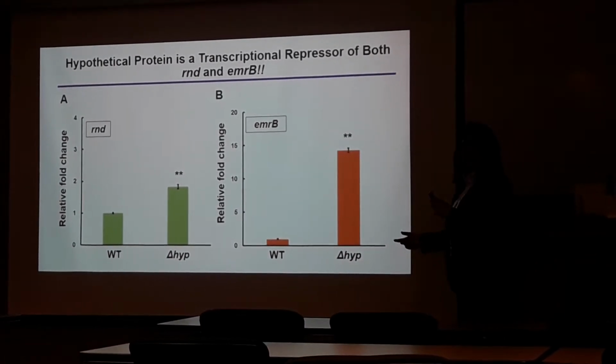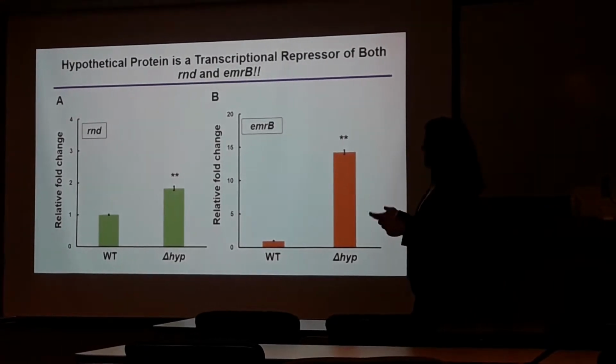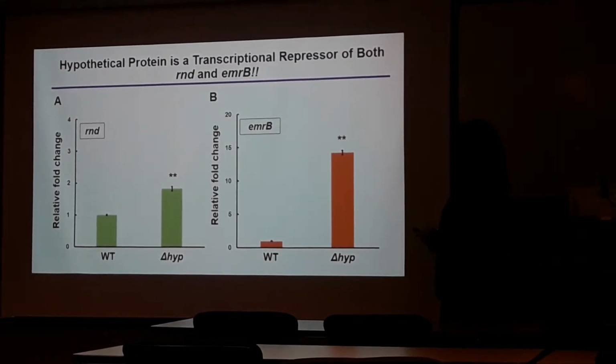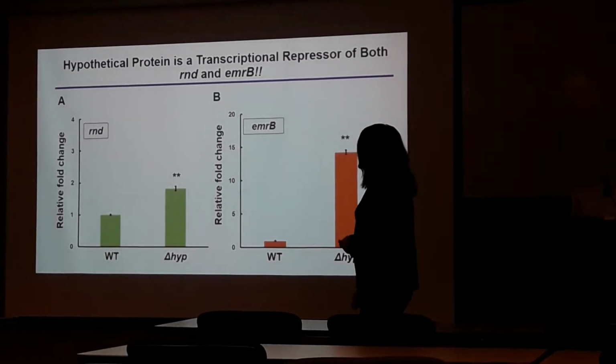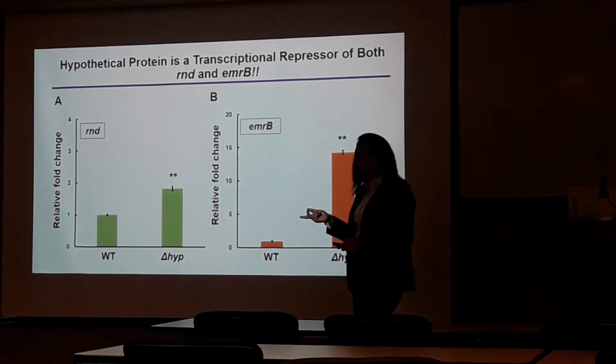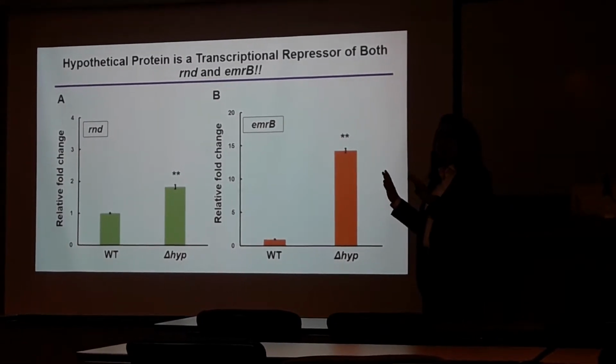That means this hypothetical protein is not actually a hypothetical protein, it's a transcription factor. It's a transcription repressor of RND and EMRB. And this is really exciting because in the protein database, this protein is mentioned as a hypothetical protein, not as a transcription factor.